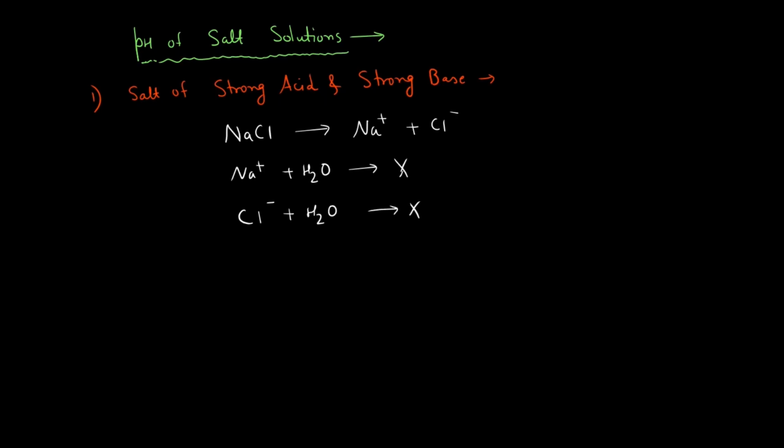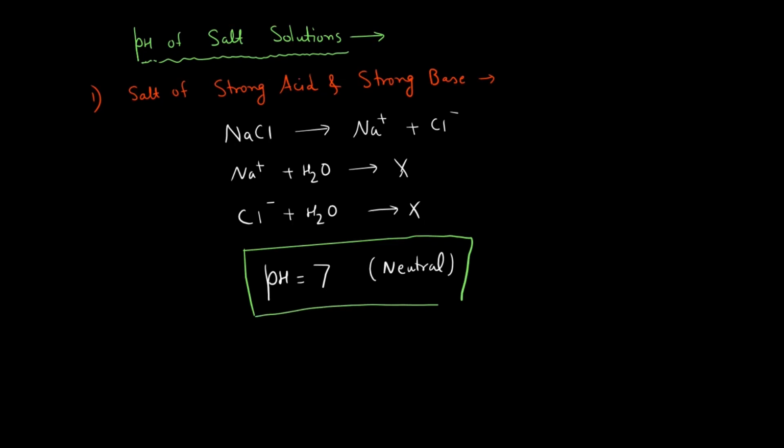So the pH of this solution will remain neutral, pH equals 7. So if we dissolve a salt of strong acid and strong base in water, the pH of that solution will be 7. Okay. For example, we dissolve our table salt, which is sodium chloride, in water. The pH remains neutral.